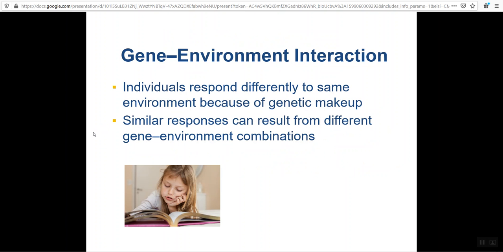So, again, if you know anyone who is an identical twin, or even siblings who have similar genetic makeup, their experience in their environment is different. So, even with identical or similar genetic information, individuals still are different in the same environment.